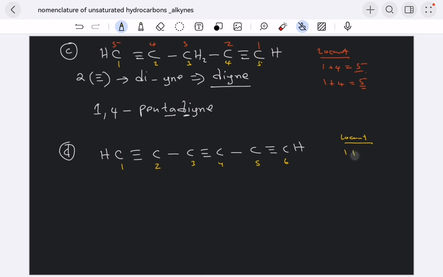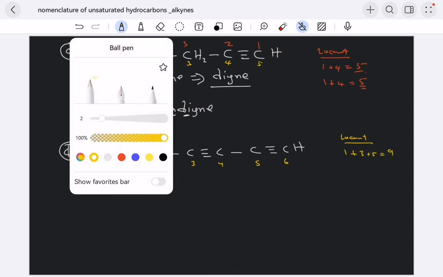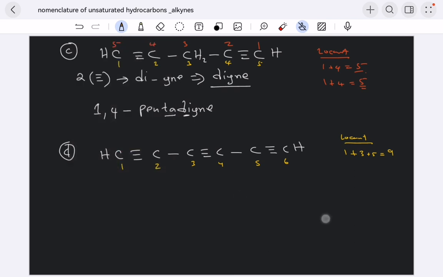So at position number 1, I have a triple bond. At position number 3, I have a triple bond. In position number 5, which gives me a 9. Then we can try the other direction also. Well, it's a 1, 2, 3, 4, 5, 6. So for the locant, we say position 1, again position 3, again position 5, which gives me a 9.